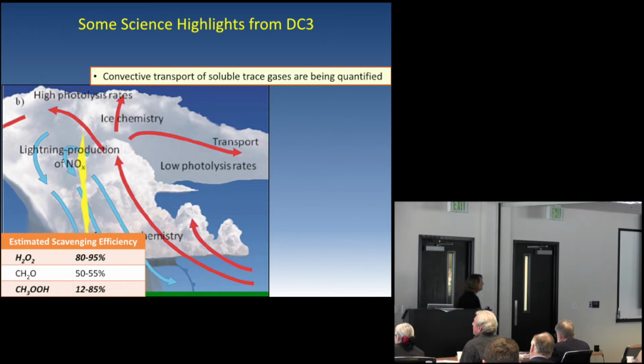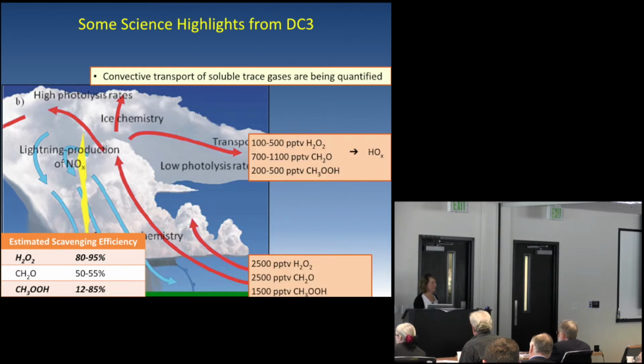We've also been looking at the convective transport of these soluble trace gases. I mentioned them before in terms of wet deposition. We've been estimating the scavenging efficiency from a number of storms for a few key ozone precursor species. There's hydrogen peroxides, formaldehyde, and methyl hydrogen peroxide.